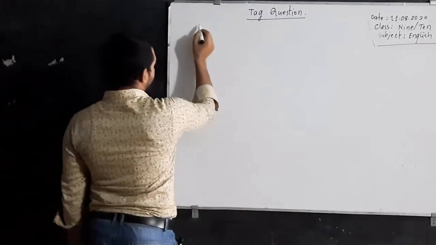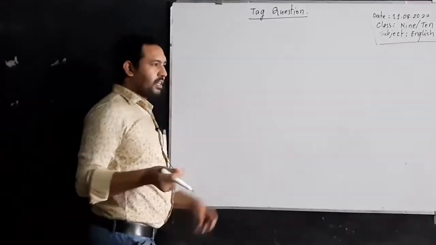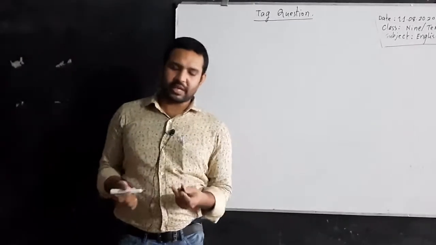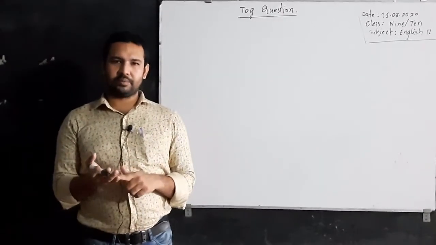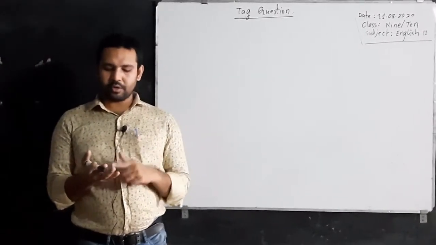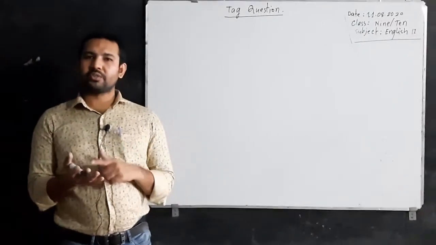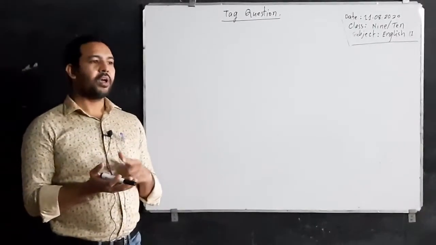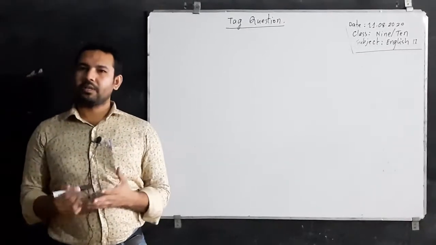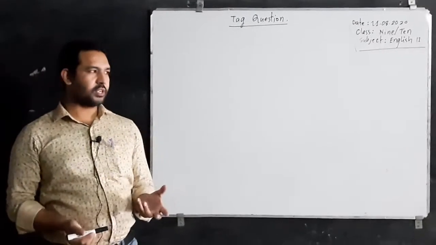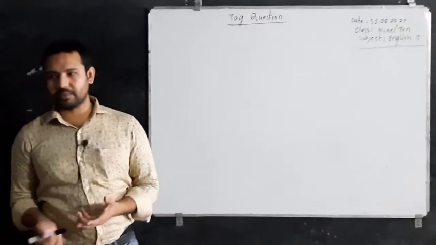Only 3 kinds of sentences may have a tag question, that is assertive, imperative, and exclamatory sentences. Interrogative sentences have no tag question, and optative sentences have no tag question.